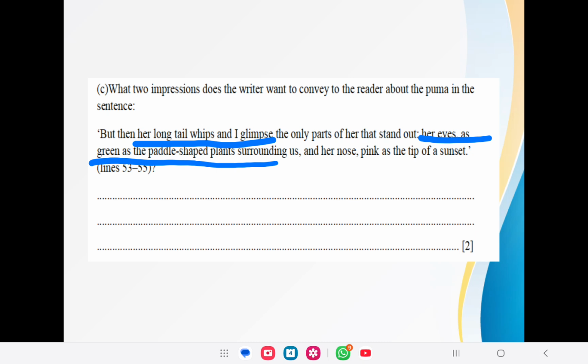So basically the writer is comparing the puma's eyes to plants. Here the writer is trying to tell us how beautiful that animal is. The eyes are being compared to plants, and her nose is pink, being compared to the tip of a sunset. So these are different impressions that the writer is trying to create.